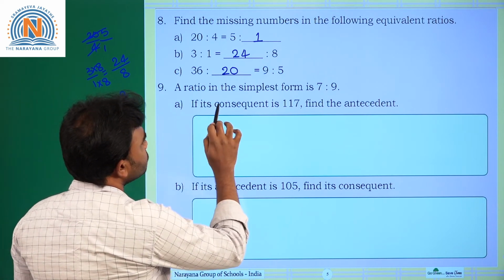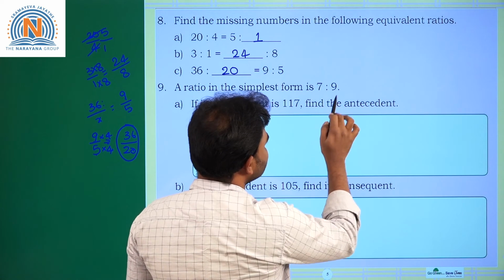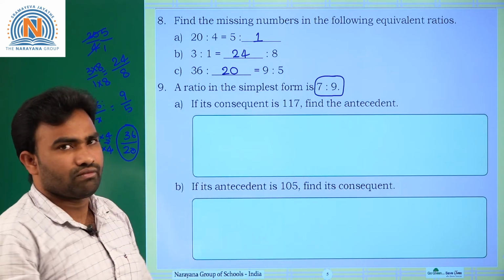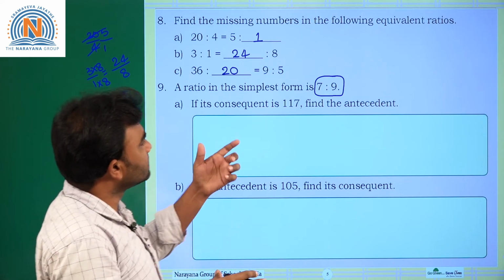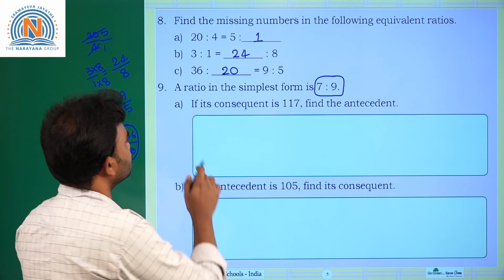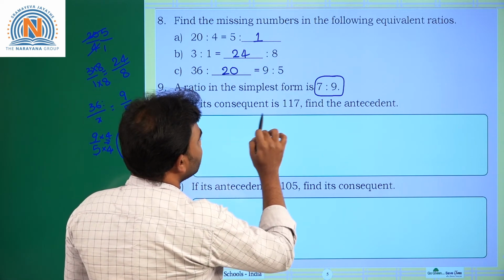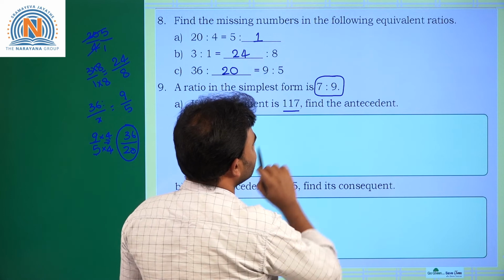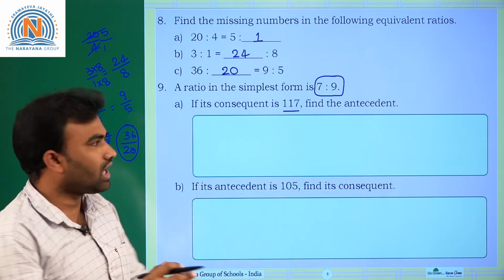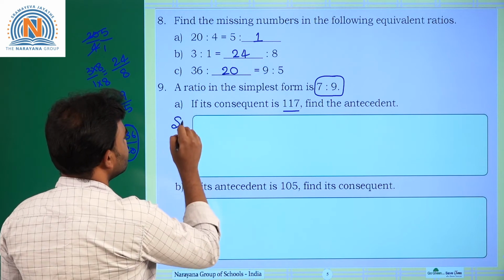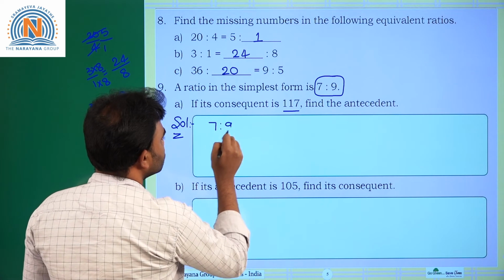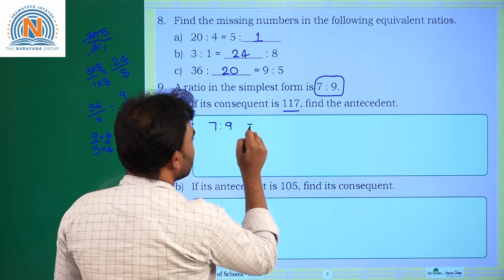Next one, a ratio in the simplest form is 7:9. If its consequent is 117, find the antecedent. So we know that the given ratio is 7:9.